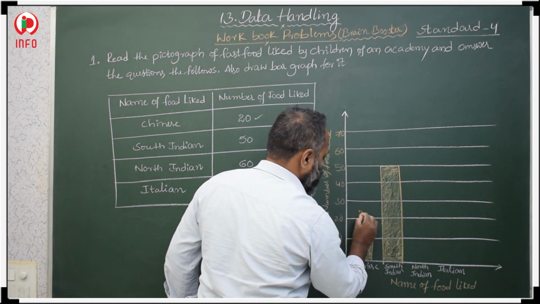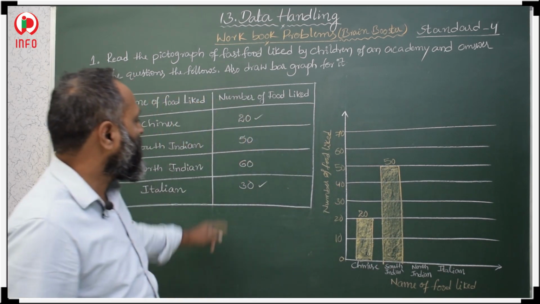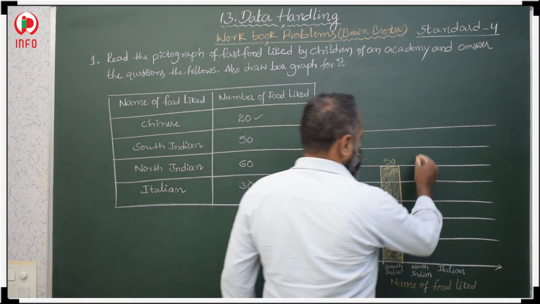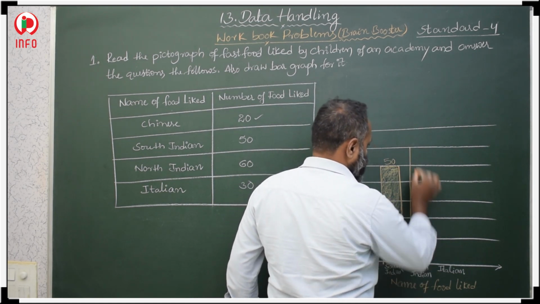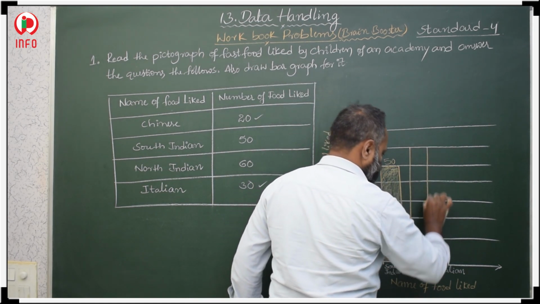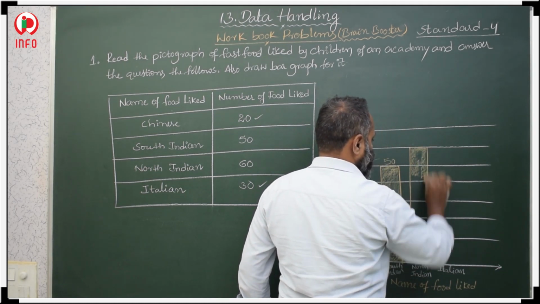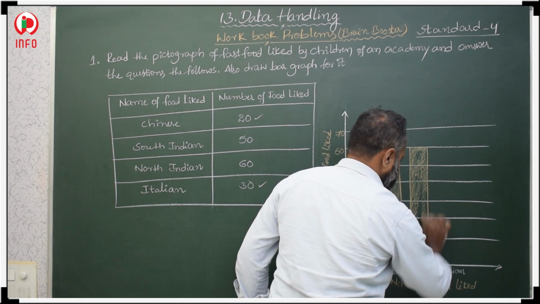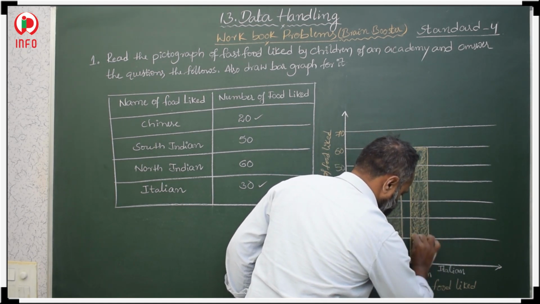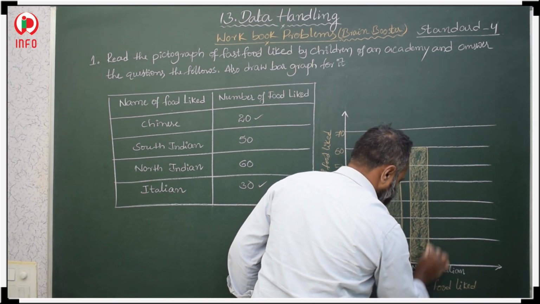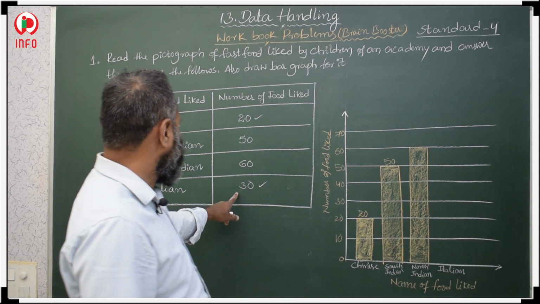This is 20, this is 50. Then North Indian is 60. So here 60 for North Indian, 60 students. Then Italian is 30.